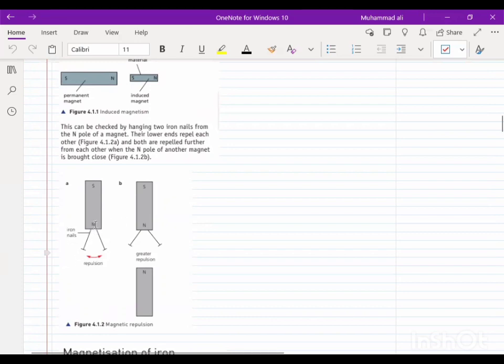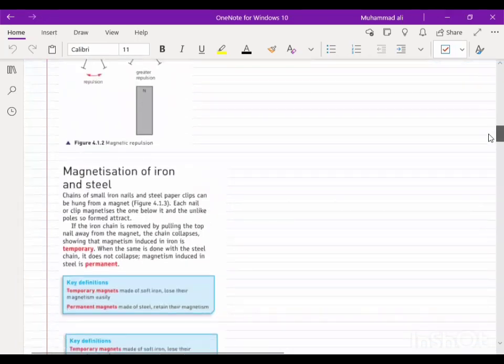So north pole here, north pole here, so there is repulsion between them, and that is the case here. Now if you increase the strength of the permanent magnet that you're using to induce this magnetism in the magnetic material, you can see that there is greater repulsion. So this is the idea of induced magnetism.